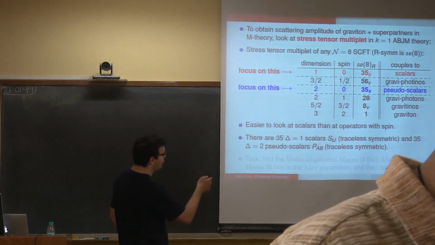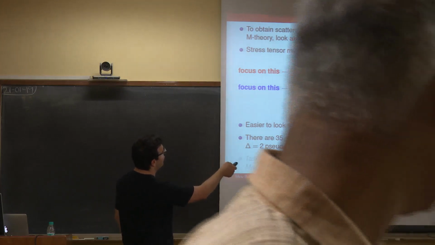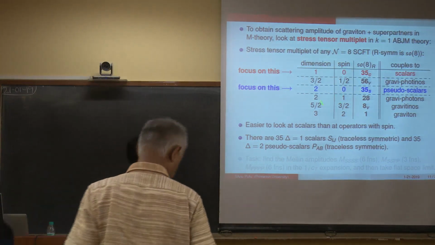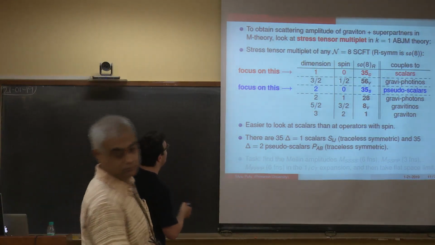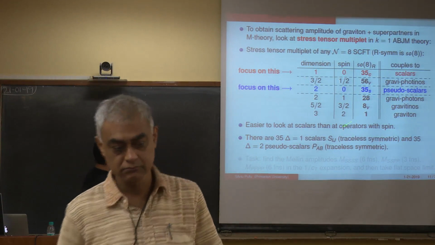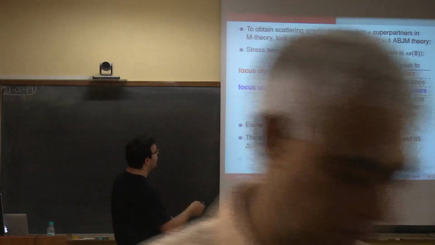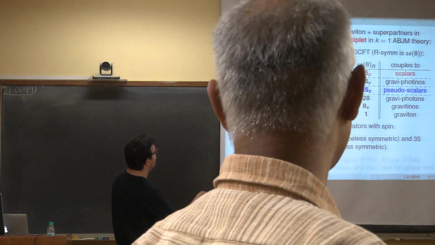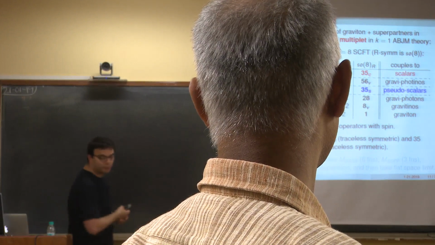Well, ABJM theory is an N=8 superconformal field theory, with R symmetry SO(8), and these are the conformal primaries in the stress tensor multiplet. The stress tensor over here has dimension 3 and spin 2, and then there are other operators: a supercurrent, the R symmetry current, and a couple of scalars.